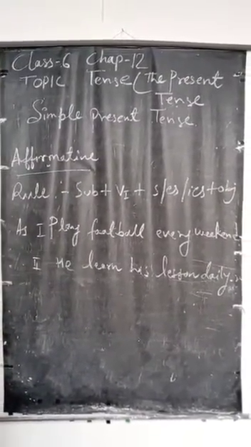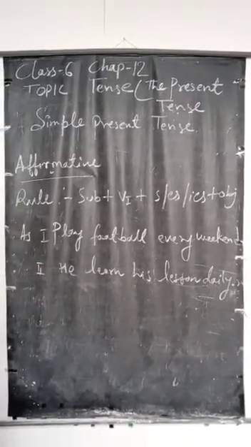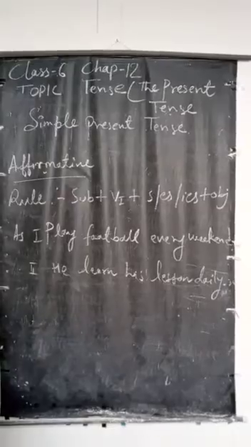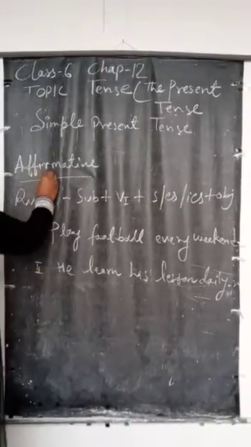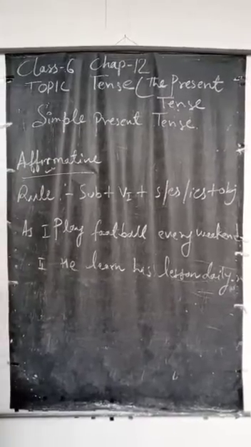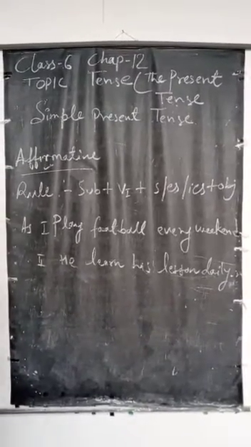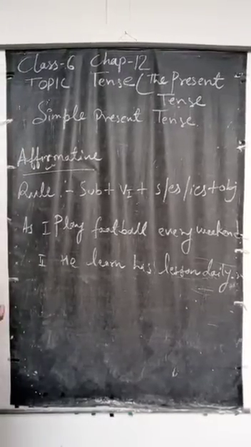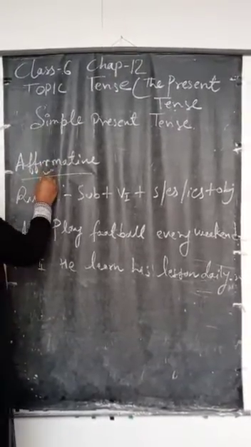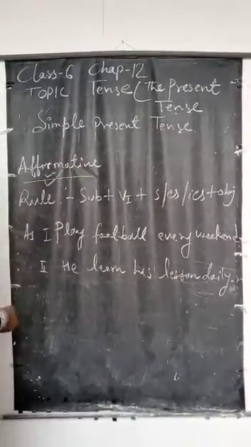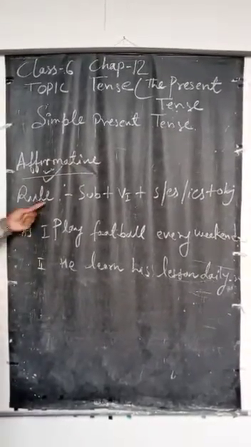It is a very common and very important tense, and we can use it in affirmative, negative and interrogative forms. So look at the sentence structure in each form. Let's first see the formation of the affirmative sentence. So what is its structure? Let's see. Here is a rule.